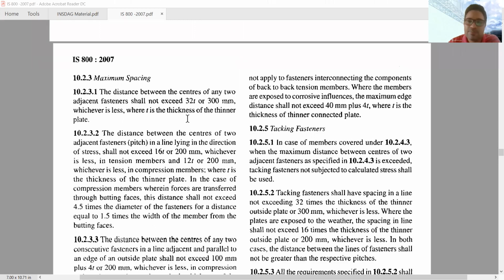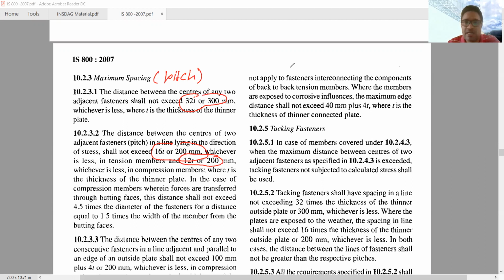Similarly, the maximum spacing, which again is about the pitch. In general the pitch should be the least of 32 times t and 300 mm. In case of a tension joint it will be 16 t or 200 mm, whichever is less, and it will be 12 times t or 200 mm in case of a compression member joint.